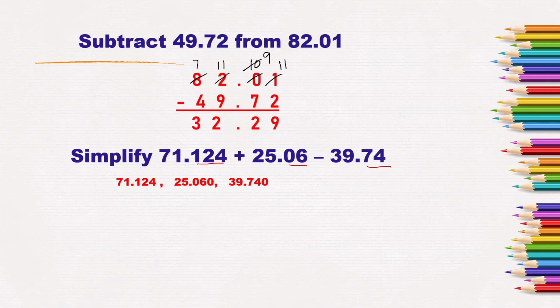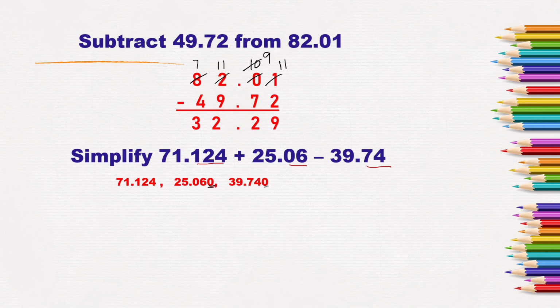So here the first number remains the same as it has the maximum number of digits. Then for 06 we'll add one more 0 at the end so that it will be a 3-digit number. Again for 74, it is a 2-digit number. We'll add one more 0 at the end. So it will be a 3-digit number. Now it is converted into like decimal.